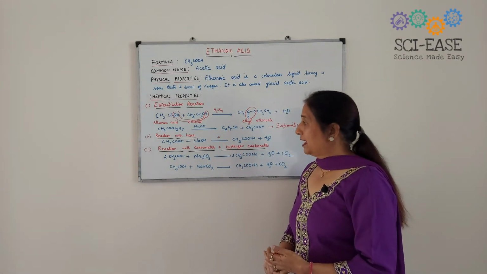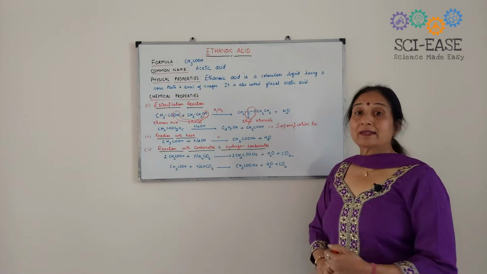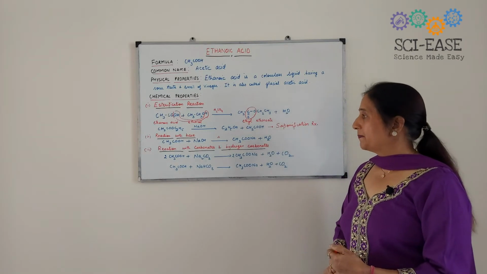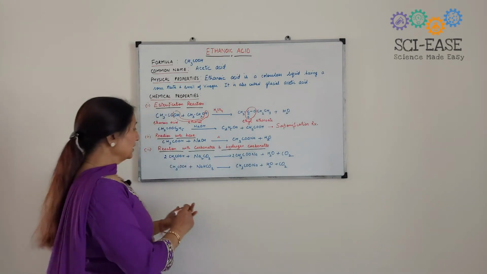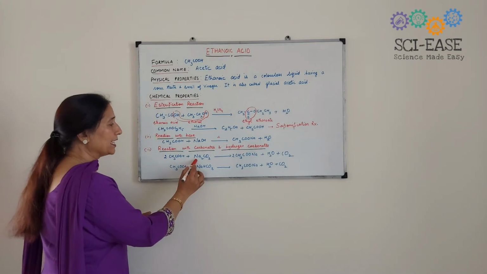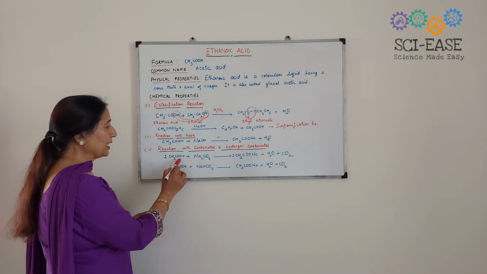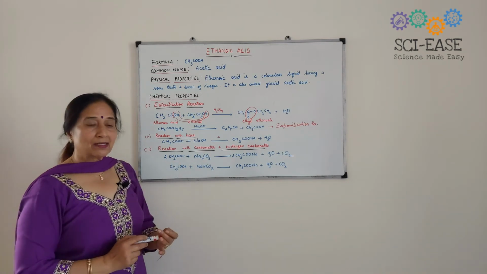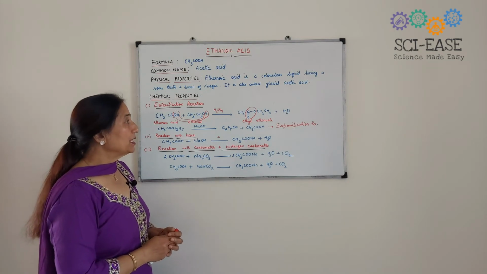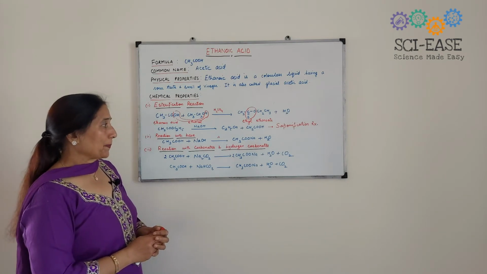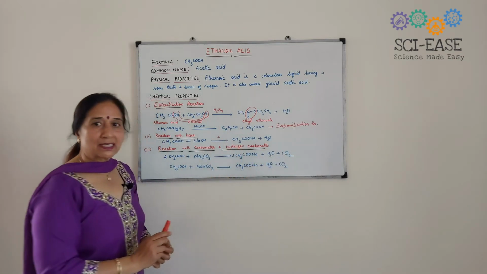Last reaction, that is the reaction of ethanoic acid with carbonates and hydrogen carbonates. First is the reaction with the carbonates. We are taking sodium carbonate. So when sodium carbonate and ethanoic acid react, this will result in the formation of sodium ethanoate, water, and carbon dioxide.